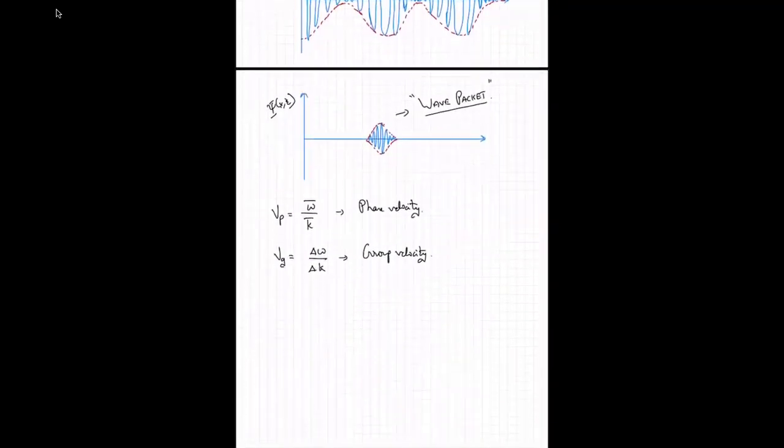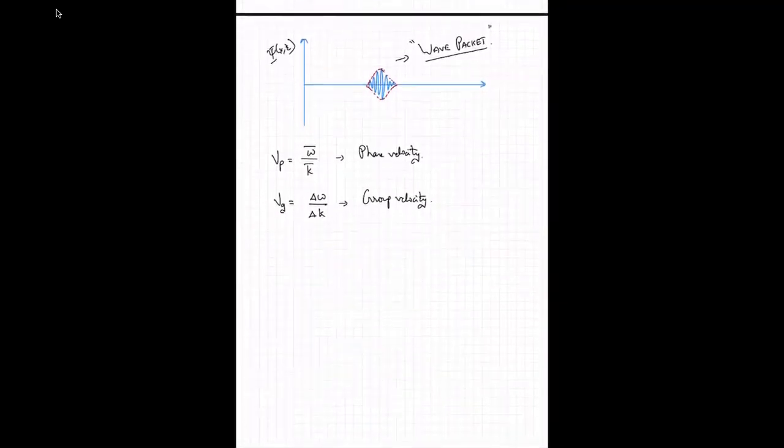Now let us move further and try to understand what this is. Vp, which is omega bar over k bar, I can multiply and divide by h bar and write as h bar omega bar over h bar k bar. And h bar omega bar is just the corresponding classical energy, and this is the classical momentum.